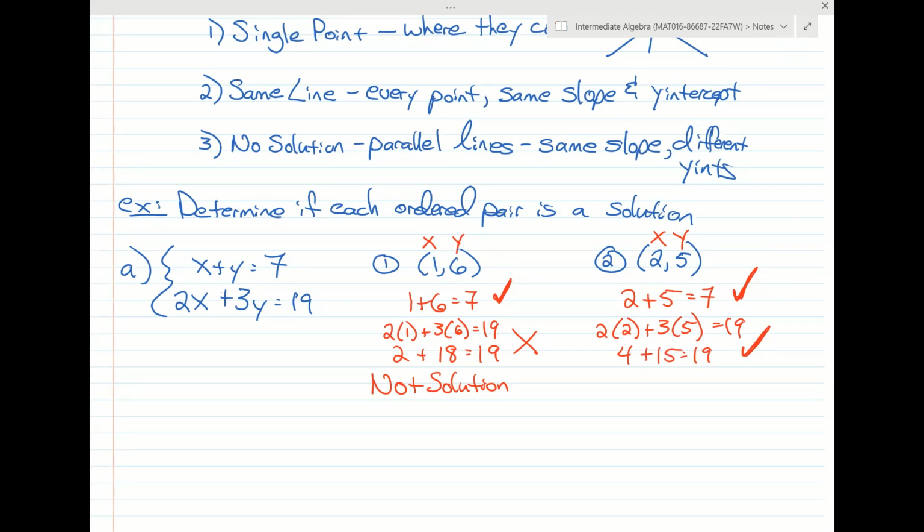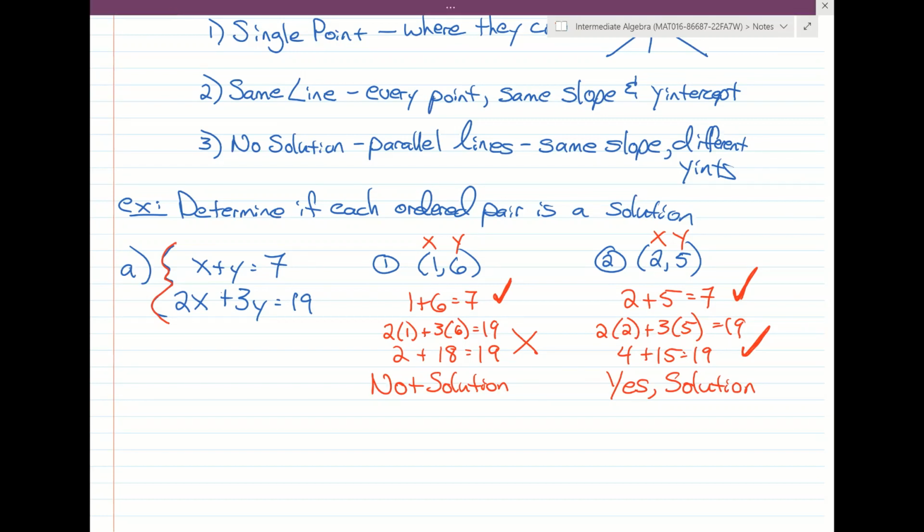So it works in the second equation, and I would say yes, it is a solution. The way we show a system is we use this squiggle line thing here. Some people call it curly brackets, but that's how you show that two equations are in one system. Okay, so that's the first type of example.